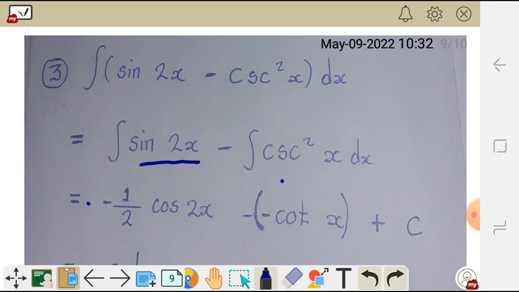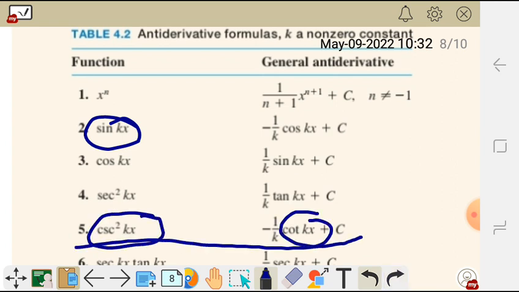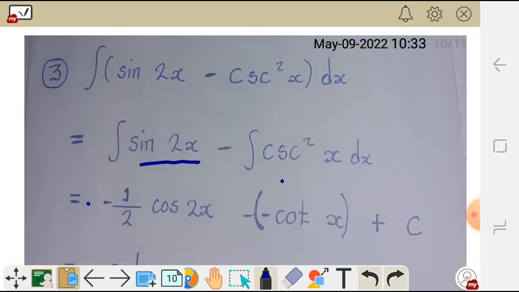Here we don't have a constant, so we're not going to divide 1 by anything here; it is simply 1 over 1. So we get it the way it is, which is negative cot x. That is the antiderivative of cosec squared from the fifth principle here. And then we are going to add a c to our function.